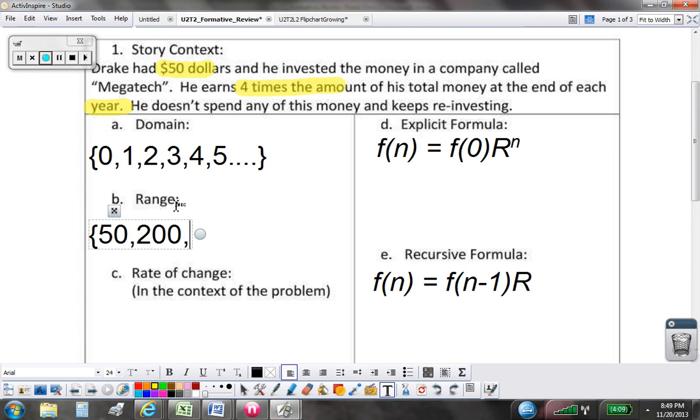And then 200 is the new amount. So after 2 years, times 4, 800. After 3 years, 800 times 4, which would be 3200, and continue. Okay, so there's my domain and range.